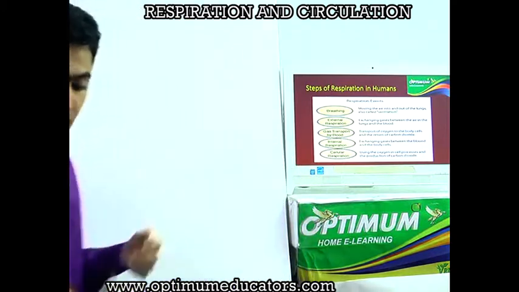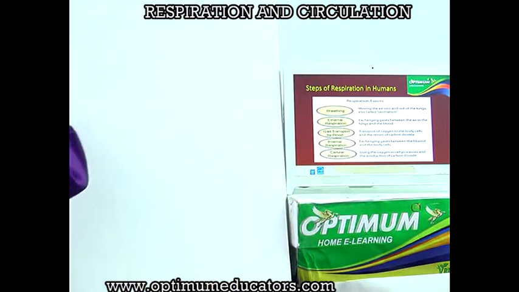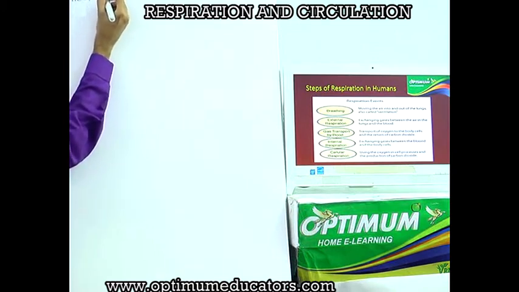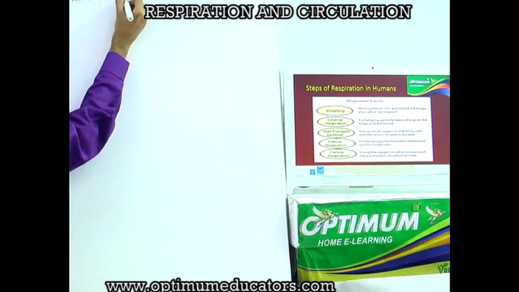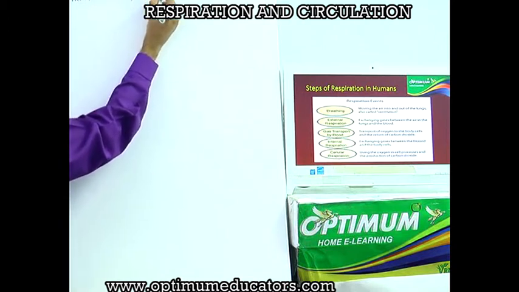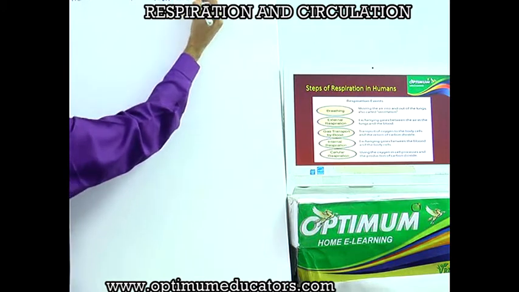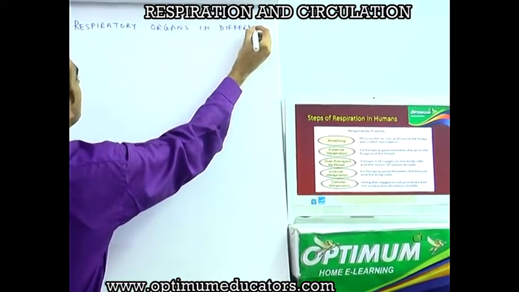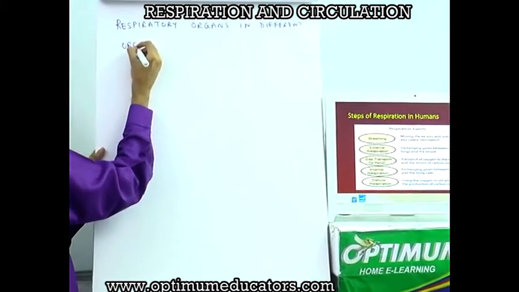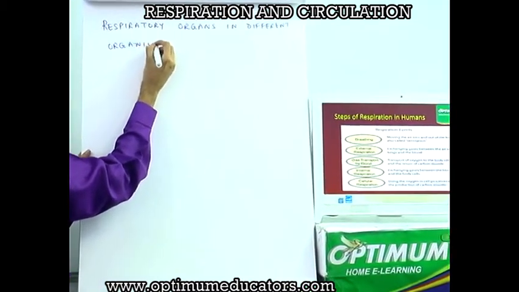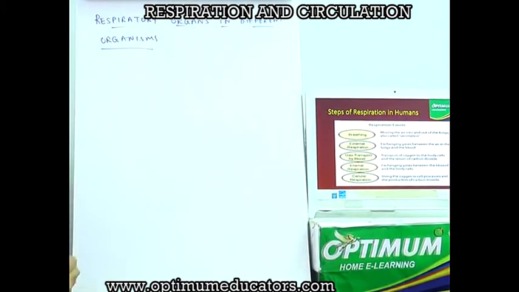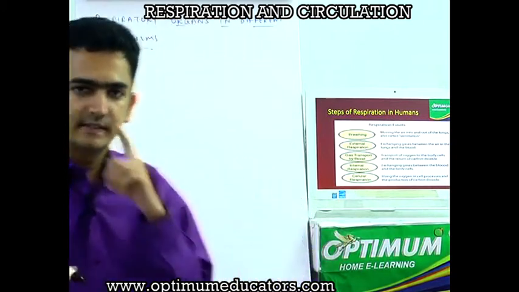And now I would just like to quickly give you a review of respiratory organs in different organisms. We are not going into detail in this topic, so I'm just going to name a few important animals and their respiratory organs.